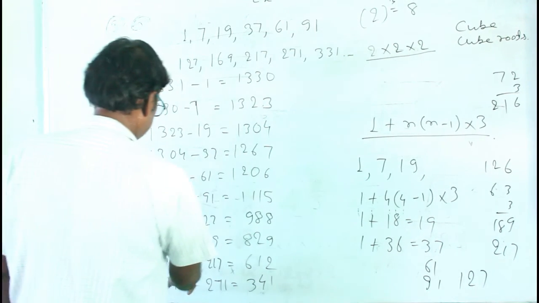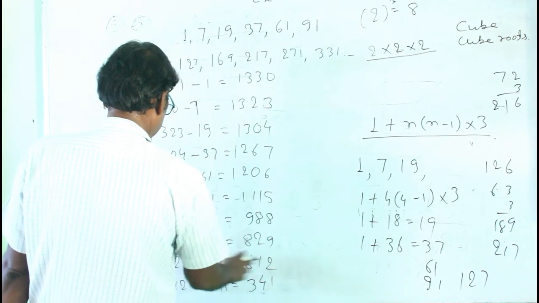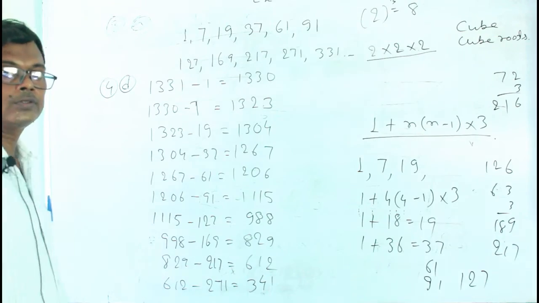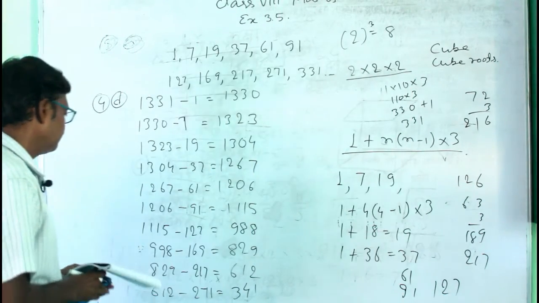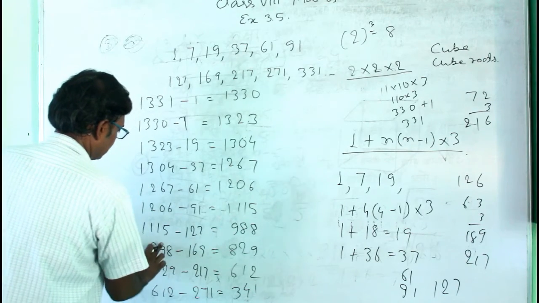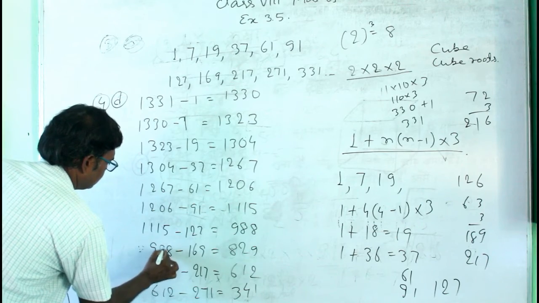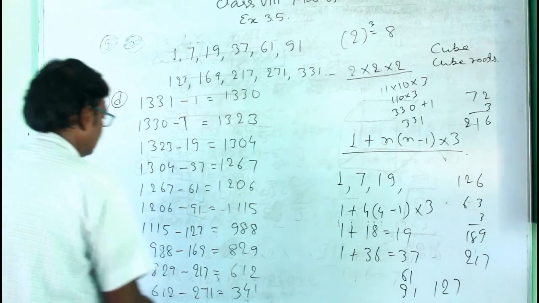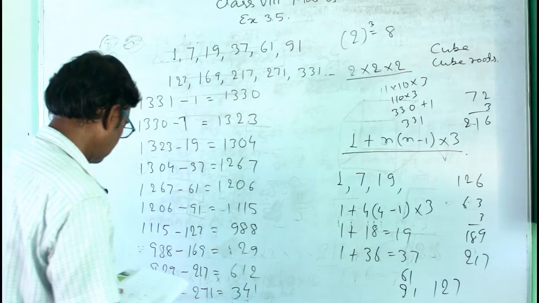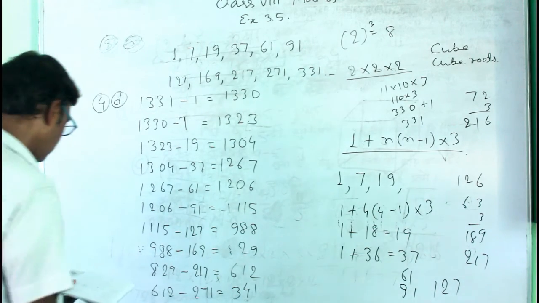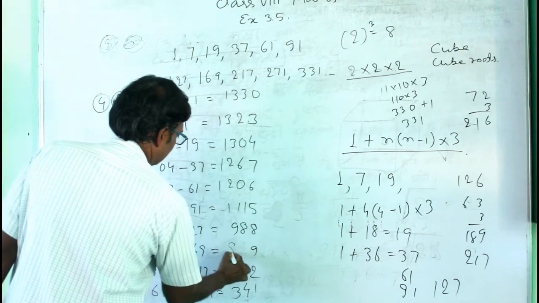So 9 minus 7 is 2 here, and then 2 minus 1 is 1, 8 minus 2 is 6. Okay, so now here there is a mistake, it is 988, so here it will be 988, then when you subtract, it will be 819.